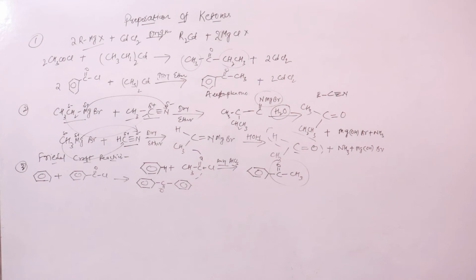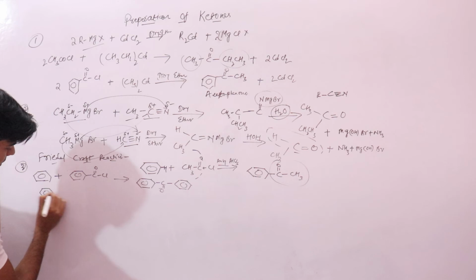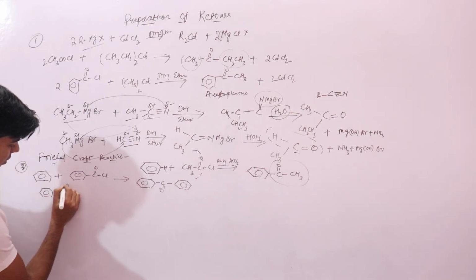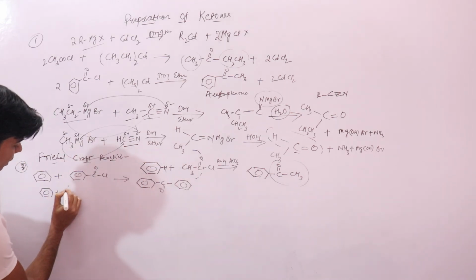Now, to prepare benzophenone, there is one more reaction. You can prepare it using this reaction. This is, if you remember, phosgene, carbonyl chloride.